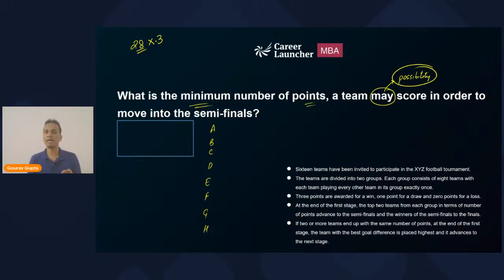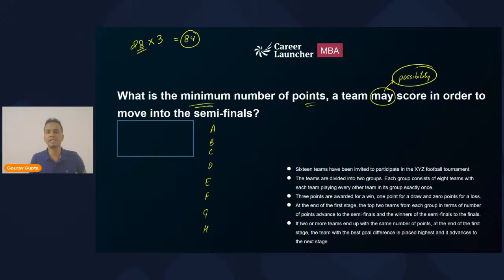So 3 points will be distributed in every match, given to the winner. So 28 into 3, that is 84 points will be distributed in total if every match has a winner and a loser. All right, total 84 points.